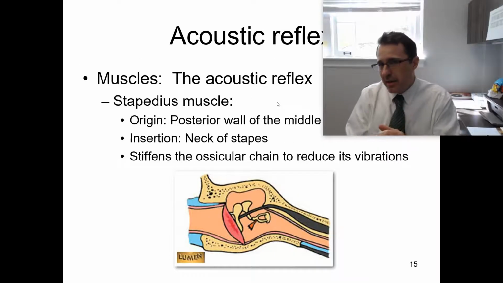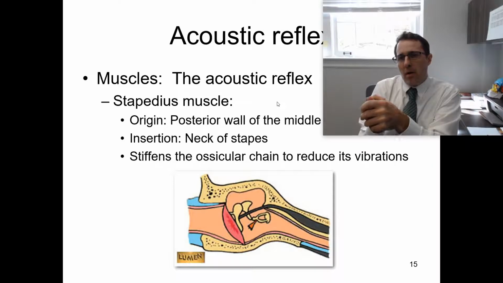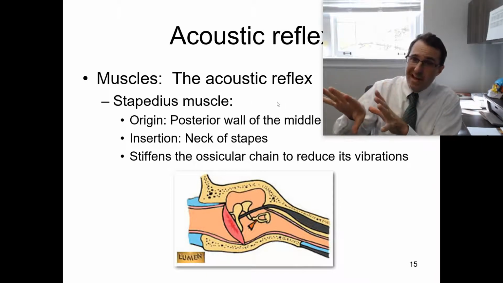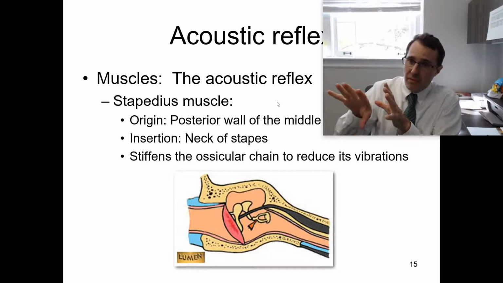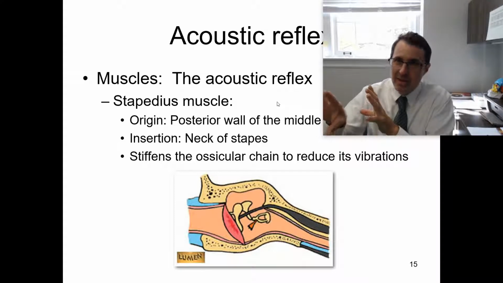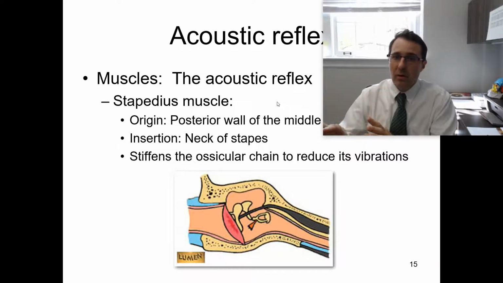And the stapedius muscle tenses and holds on to the stapes to reduce as much as possible the movement of the stapes into the cochlea as it delivers that energy to the cochlea.